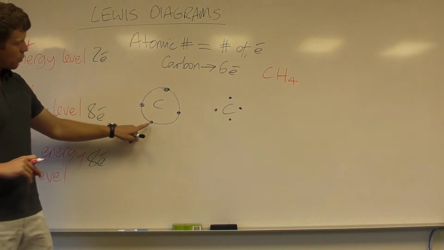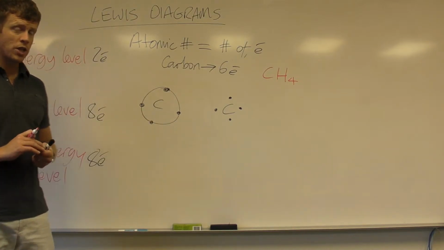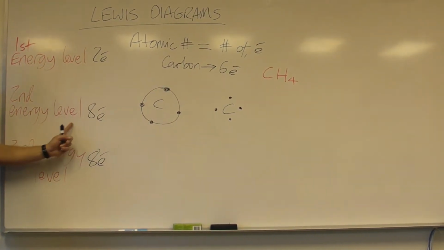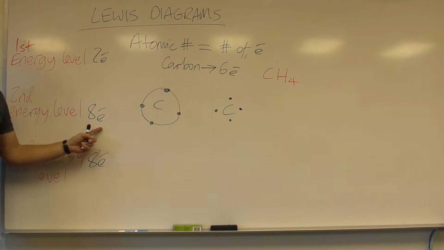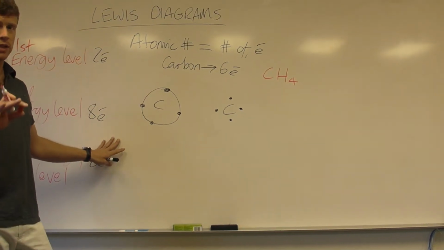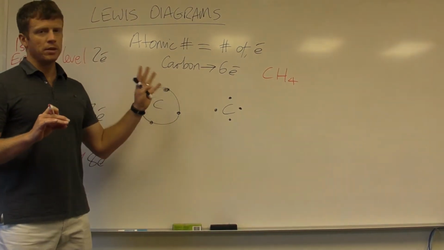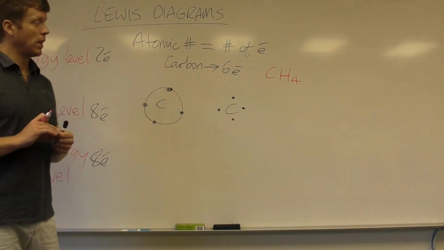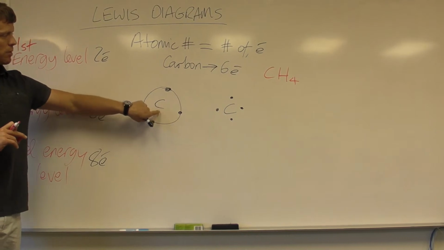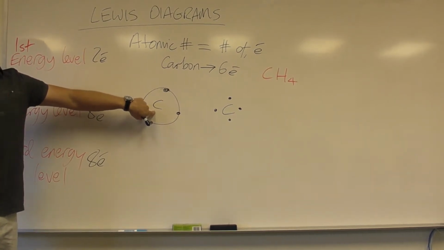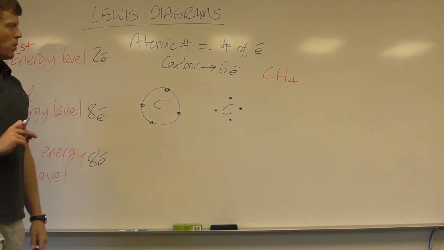So carbon needs 1, 2, 3, 4 more electrons, and then that energy level, which holds up to 8, will have 8 electrons, and then it's completely stable. So that's why the vast majority of elements bond, trying to complete that outer energy level. The inner energy level was also completely full, so it didn't really get involved in bonding at all.